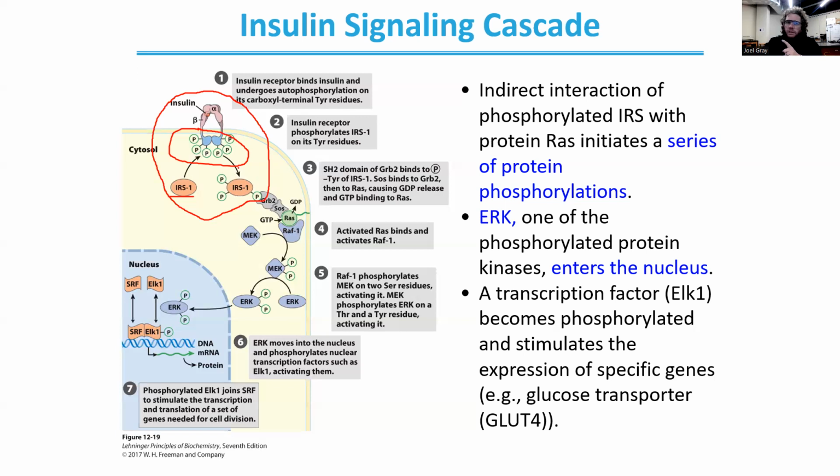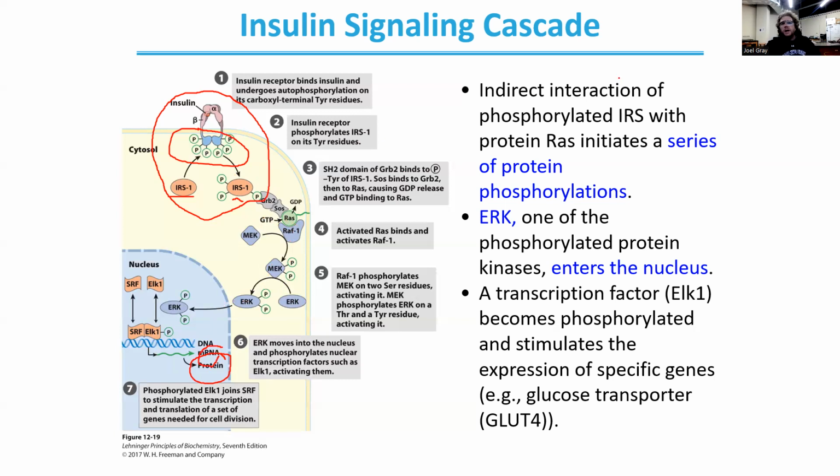But then there's other stuff happening. This IRS1 is able to associate with all these other proteins. When all these other proteins have been activated by IRS1, we're going to lead to, ultimately, synthesis of new proteins. We're going to lead to both activation of transcription and translation.